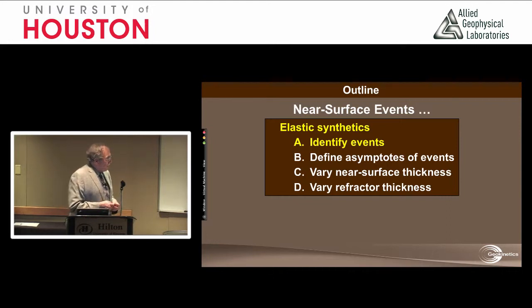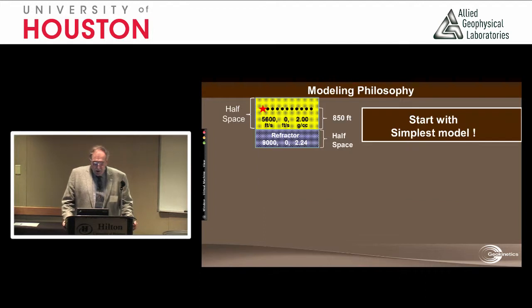We'll look at those. Then we'll vary the near surface thickness. And the last thing is we'll vary the refractor thickness. I think you'll be surprised what this does to the guided waves and also to the trap modes and others.